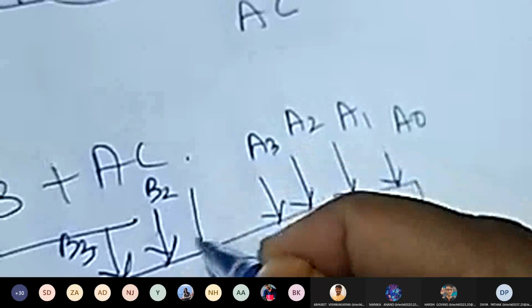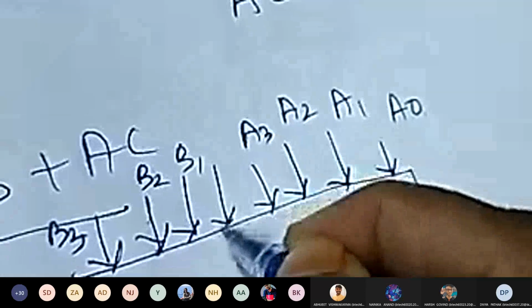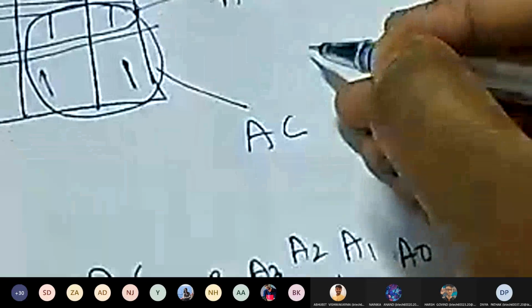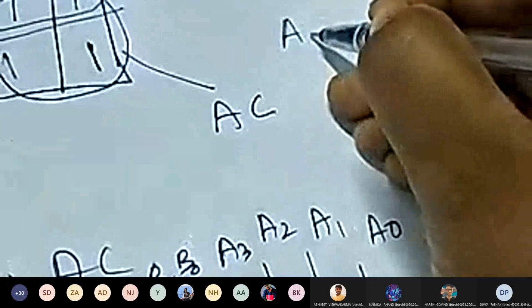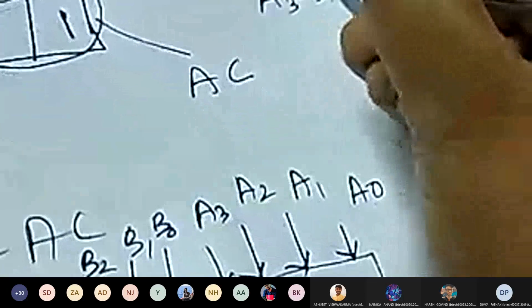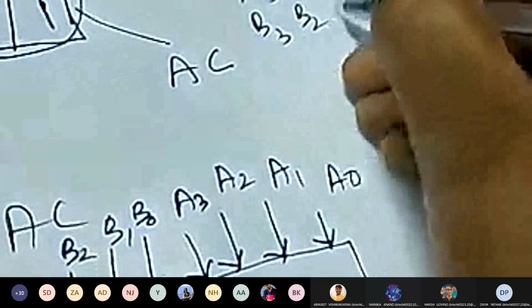And this side is your B3, B2, B1 and B0. So what I just want to say is, if we add two BCD numbers, A3, A2, A1, A0 of 4 bits and B3, B2, B1 and B0.